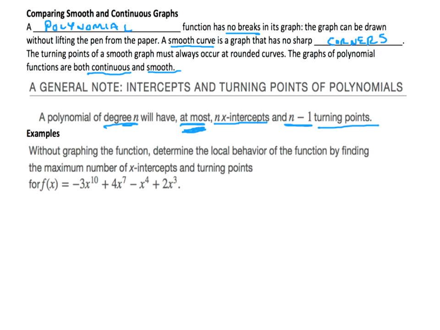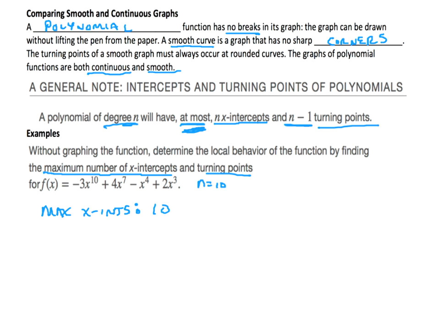So, without graphing the function here, determine the local behavior of the function by finding the maximum number of x-intercepts and turning points. So the max number of x-intercepts that this thing can have is n. My n here is 10, so I have a maximum of 10 x-intercepts. Now, it doesn't have to have 10.